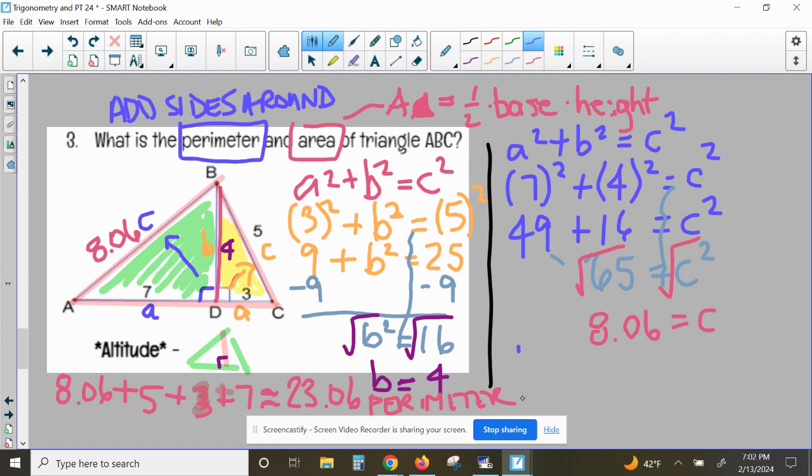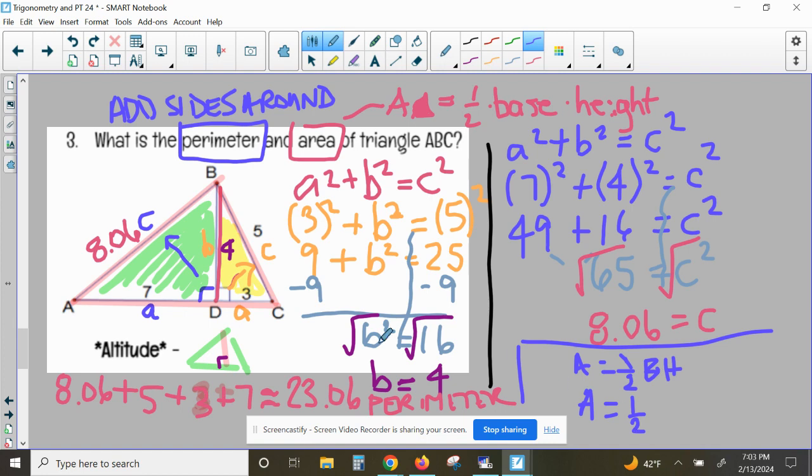Okay, now I got to find my area. I'll use this space over here. So remember, area is going to be 1/2 times base times the height, right? 1/2 times the base times the height. So that's going to be A equals 1/2.